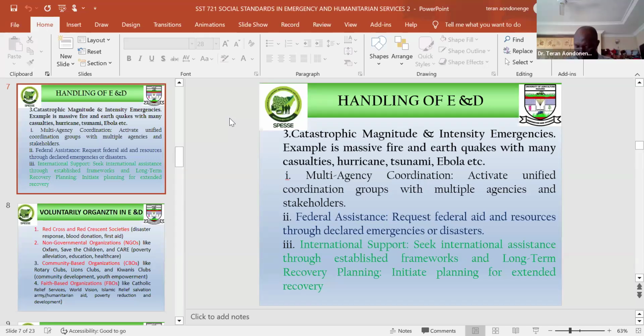Activate unified coordination groups with multiple agencies and stakeholders. Number two, federal assistance. Request federal aid and resources through declared emergencies or disasters. Number three, international support. Seek international assistance through established frameworks and long-term recovery planning. Initiate planning for extended recovery.